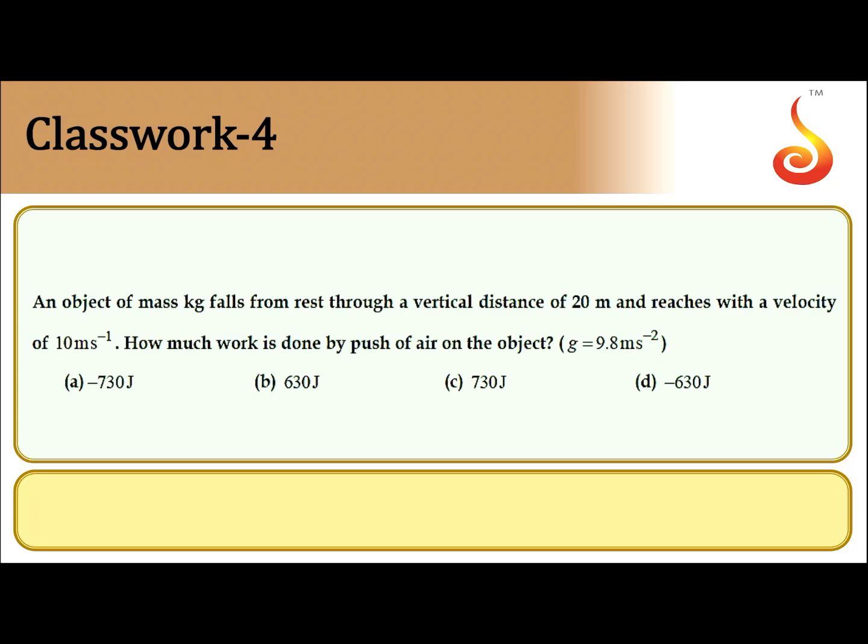So let's calculate. Here the change in the kinetic energy is work done by gravity plus work done by the push of the air. Correct? Work energy theorem. So according to the work energy theorem, we can write work done by gravity plus work done by the push of the air is equal to change in the kinetic energy.